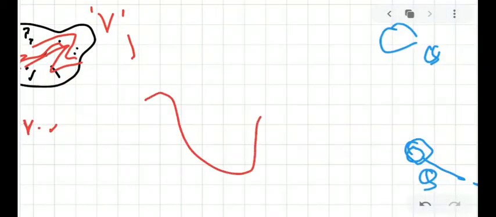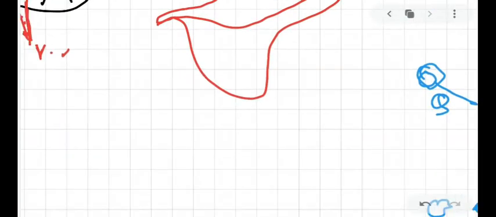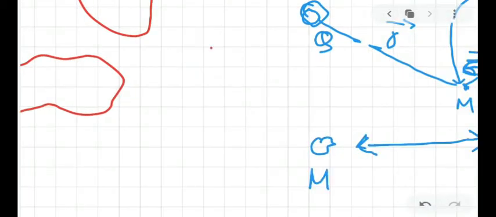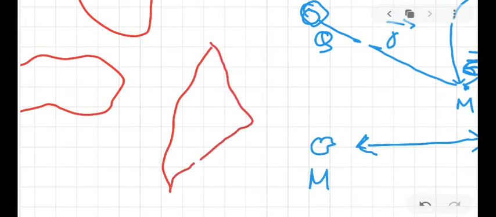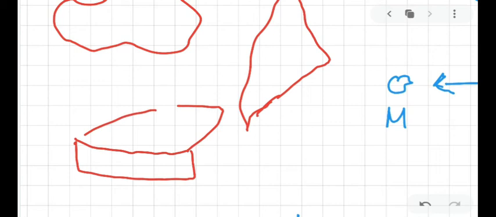It could look like anything. It could be a surface like a potato. It could be a loaf of bread, the outer surface of a piece of bread.